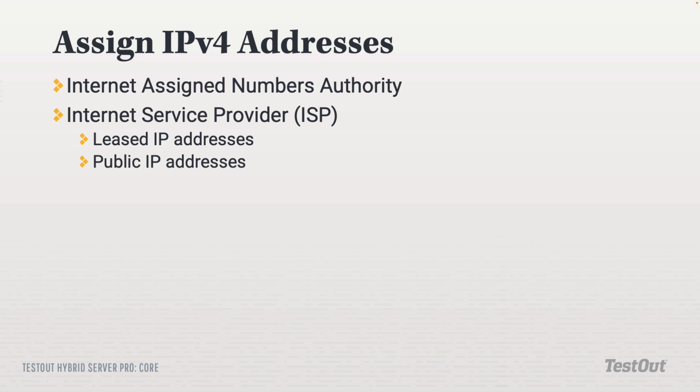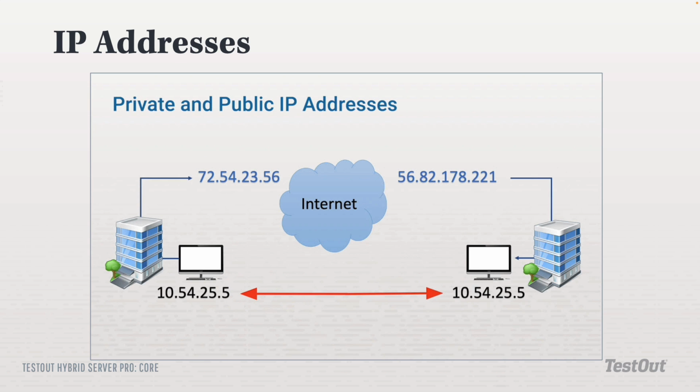Now with IP version 6, they will have their own publicly routable IP address just built into them. So they will be publicly routable out on the internet, okay? So we can see here internally, we have our 10.54.25.5.